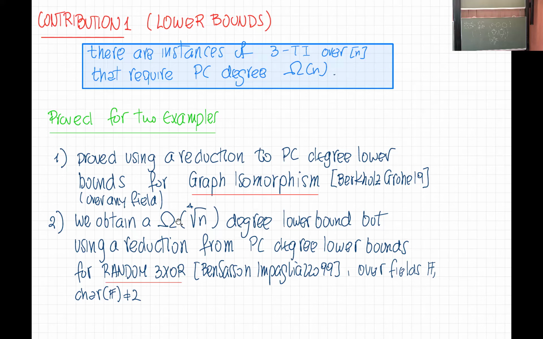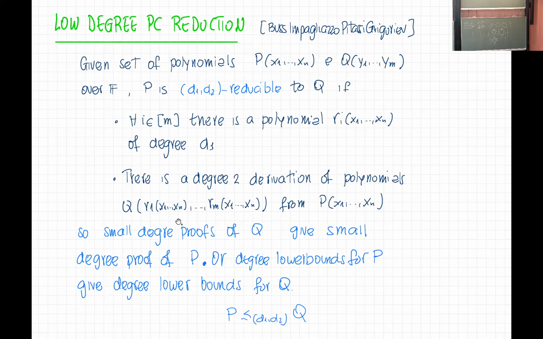And also we get a slightly worse degree lower bound in PC, but this time using a reduction from a result of Impagliazzo, Russell and Pitassi, 99, on the degree of random formulas of three XOR formulas over a field with characteristic different from two. So this is also propagated to power. So this is the first contribution that we have.